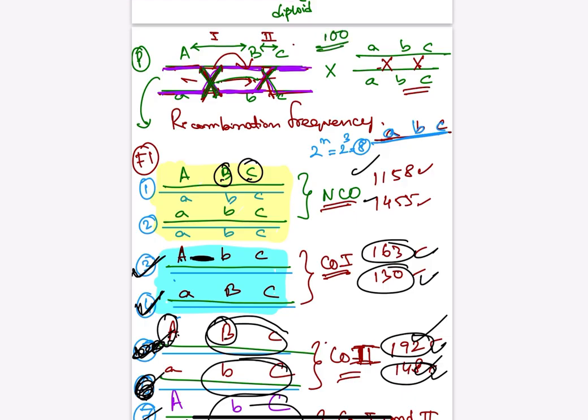So out of 100 times crossing over happening during gamete formation, how many times will that one crossing over prevent the crossing over in the other region? This is called interference, and that is in probability out of 100. In 1 minus that, that is the coefficient of coincidence. That means what is the chance of having two crossing overs in the adjacent region out of 100. So 1 minus interference is called coefficient of coincidence.